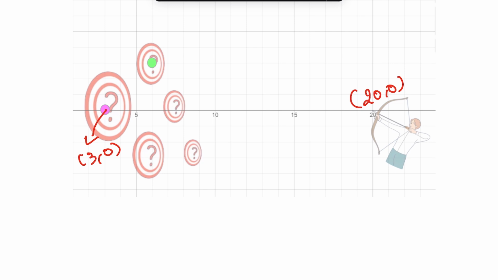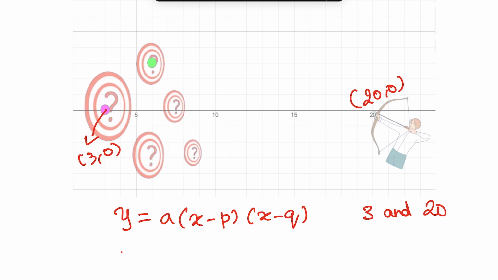Since I have the x-intercepts, I'm going to use the factored form of the quadratic equation. y equals a times (x minus p) times (x minus q), where p and q are the x-intercepts. In our case, the x-intercepts are 3 and 20.